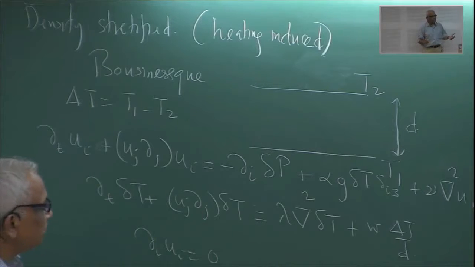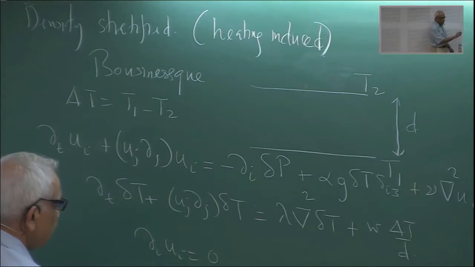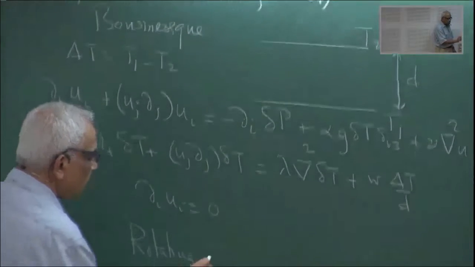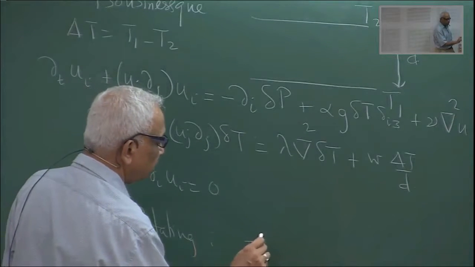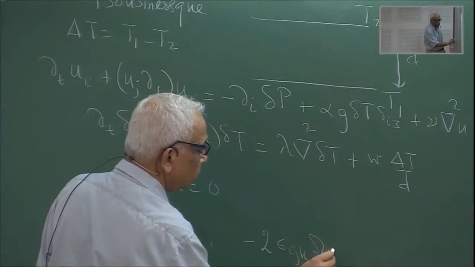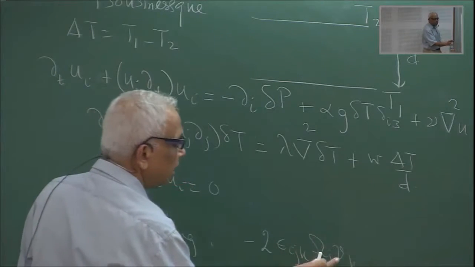So that's it. If it is rotating, then the top equation has an additional part, epsilon_ijk omega_j u_k.